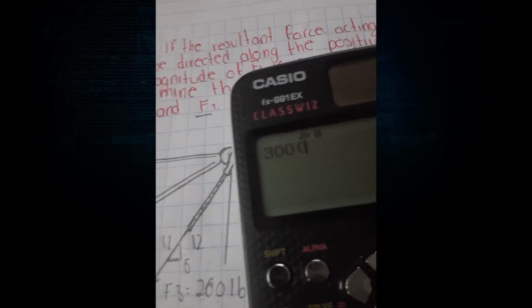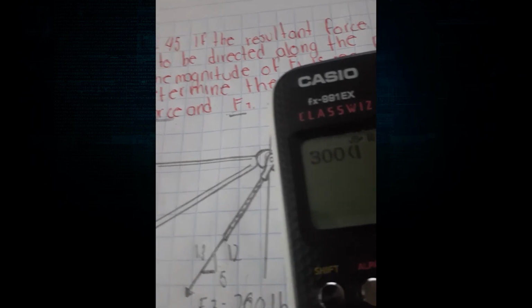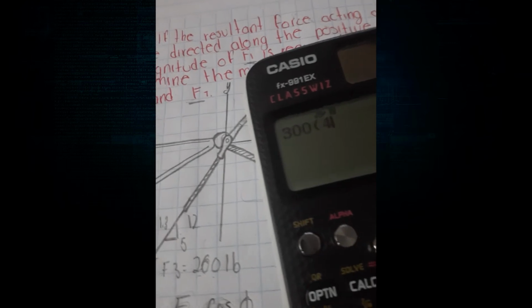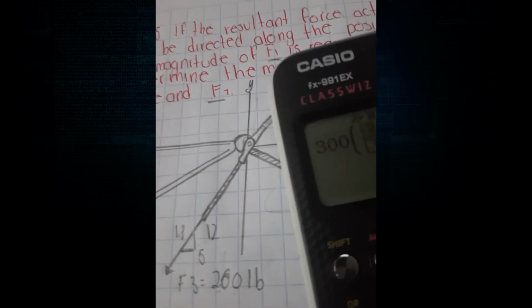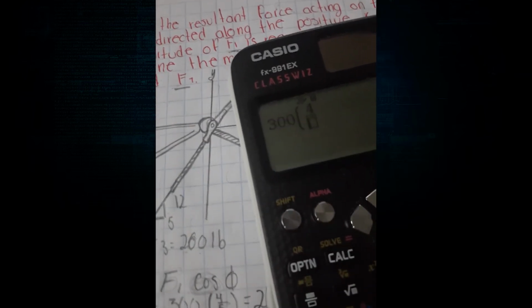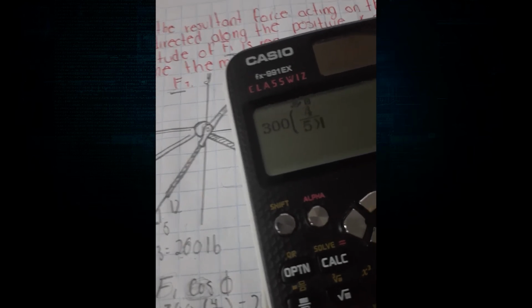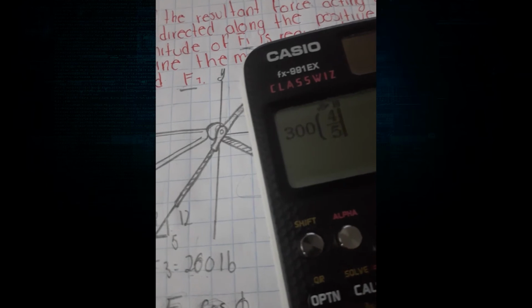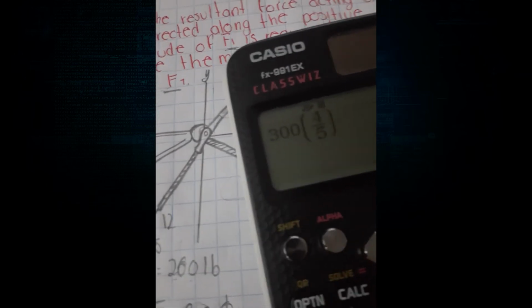In the calculation, this is equal to 300 multiplying by 4 divided by 5. And this is equal to 214.